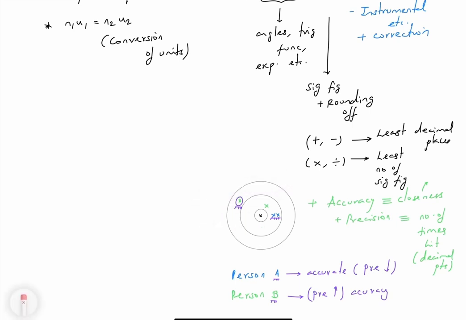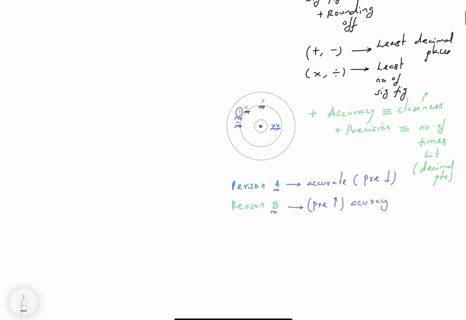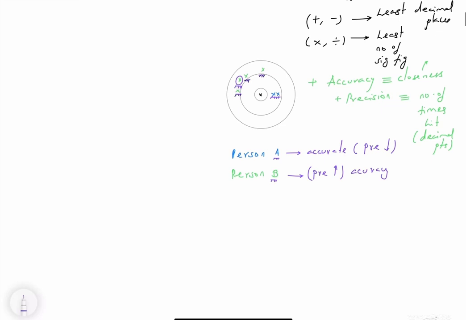Or this is better. Right. So this is precise somewhat, but not accurate enough to get to this bullseye. So accuracy is down. So this is the concept of accuracy and precision.